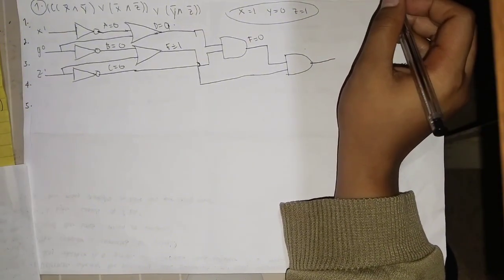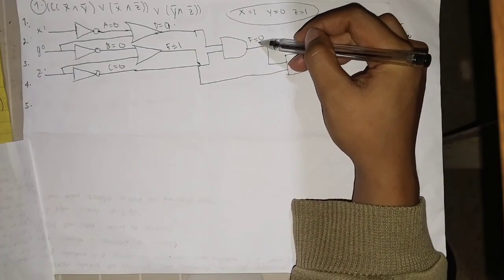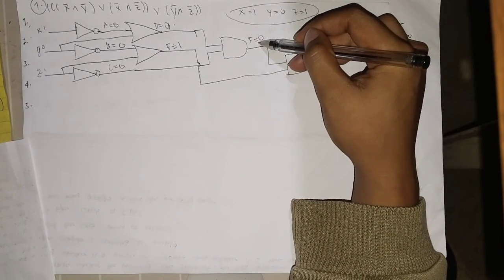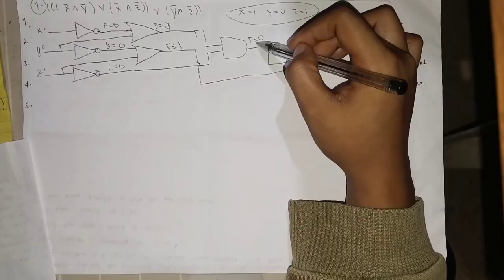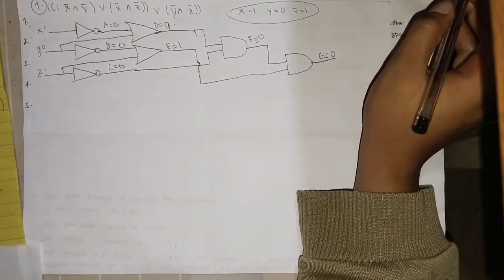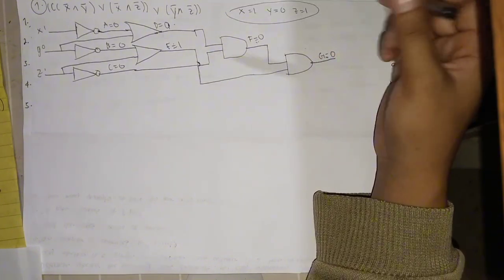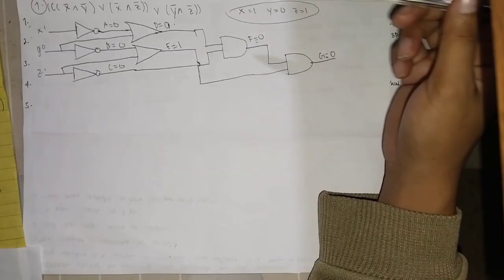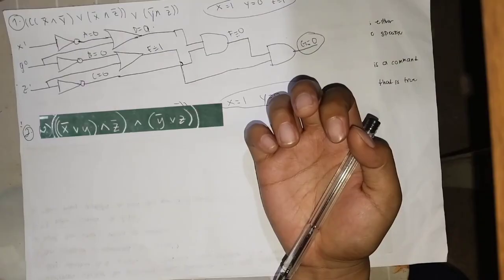The second AND gate takes F, which is 0, and Z as input. Since F is equal to 0, the output of G is 0. So after tracing through the entire circuit, our final output G is equal to 0. So now we move to number 2.